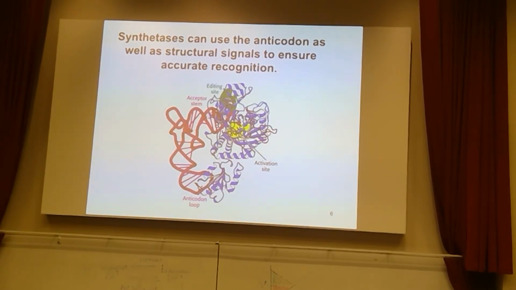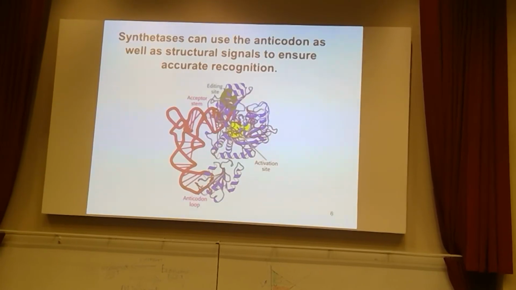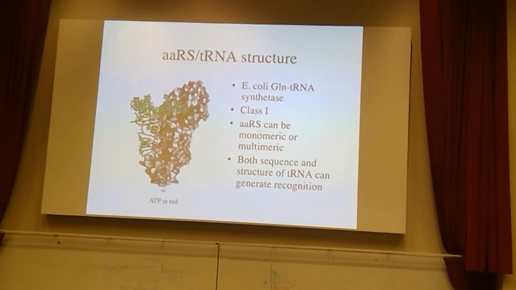We also talked about these 2 different active sites on the amino-acyl tRNA synthetase, the site for activation and the site for editing off improperly conjugated species. So here is the X-ray crystal structure of an amino-acyl tRNA synthetase in complex with its tRNA. Here is the ATP.